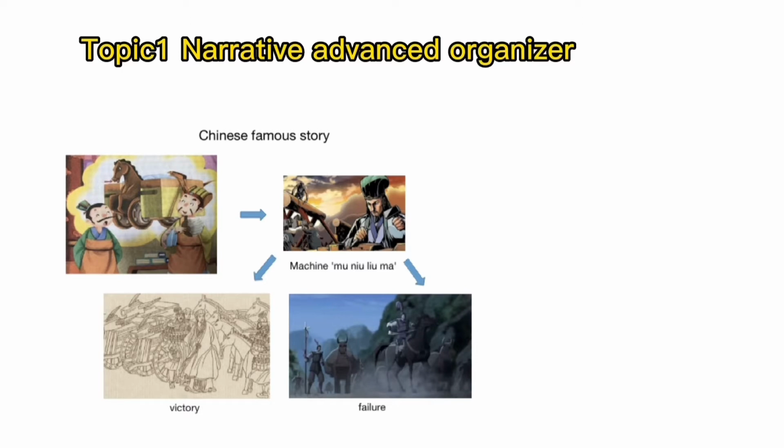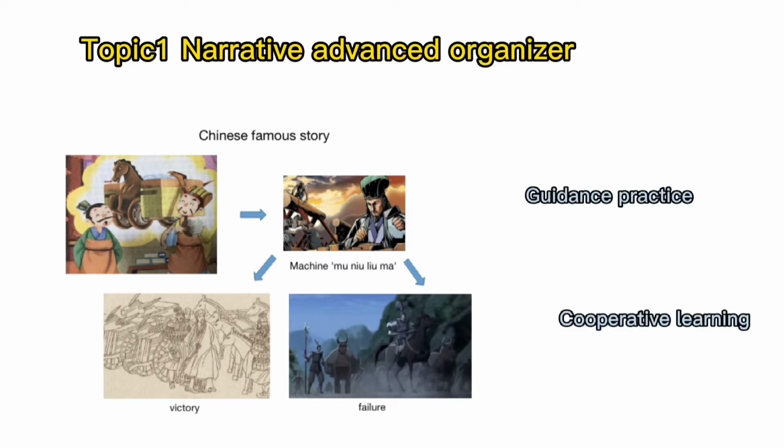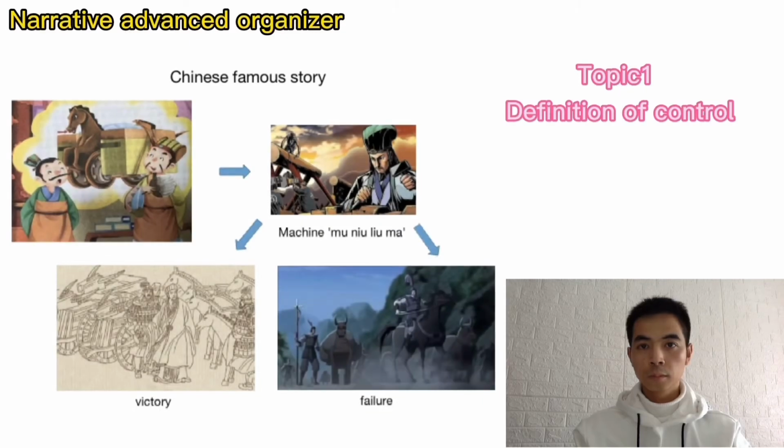In the specific implementation stage, we adopt behaviorist guidance, practice strategy, and constructivist cooperative learning strategies. The teacher can set up the screen reproduction link, and students themselves participate in and experience the content of the topic.